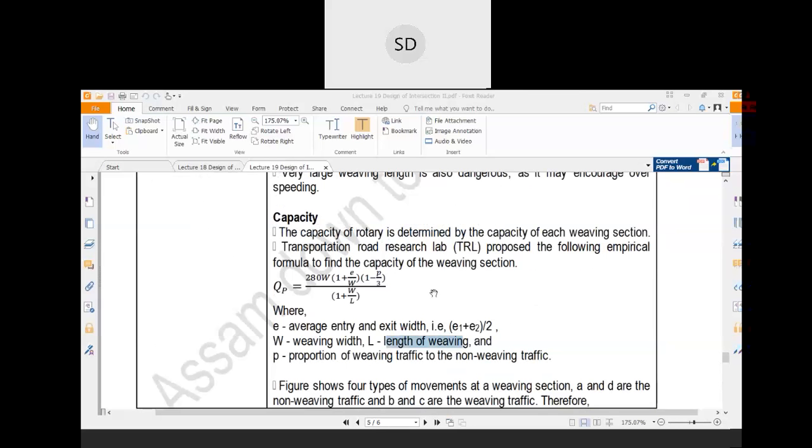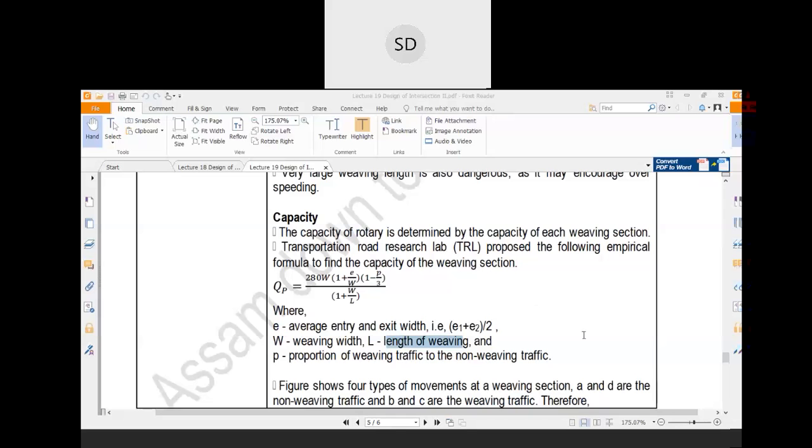This is weaving traffic to the non-weaving traffic. Did you understand what is weaving traffic and what is non-weaving traffic? Is it clear?